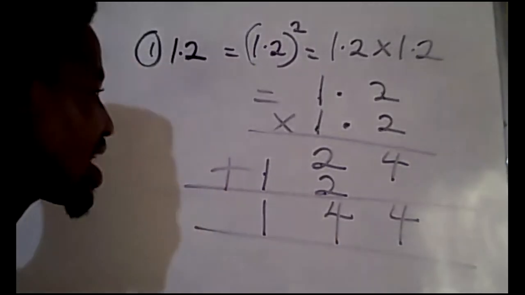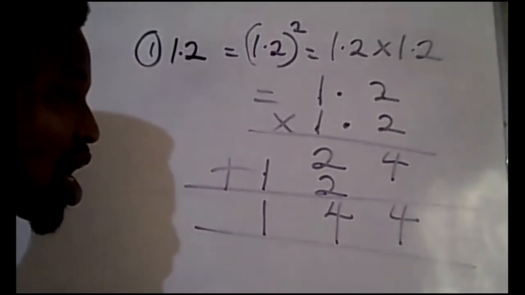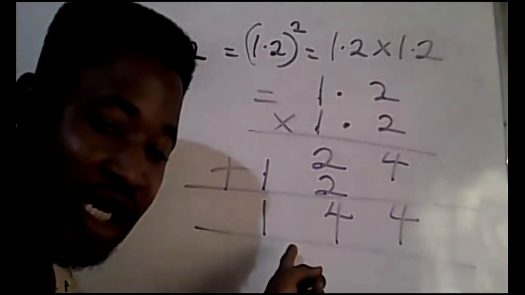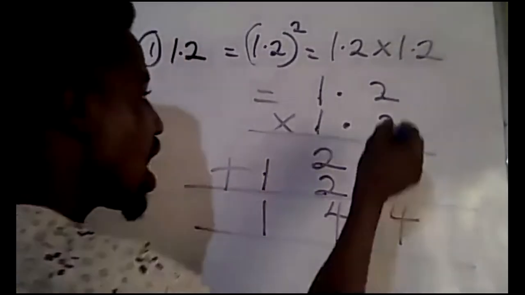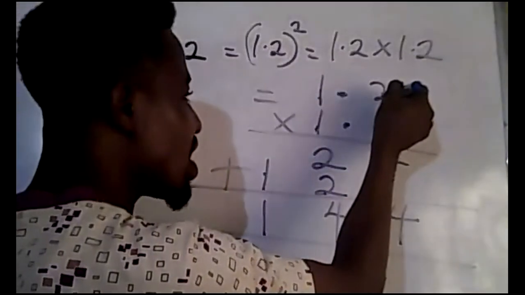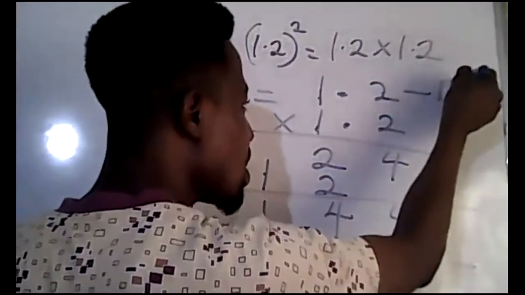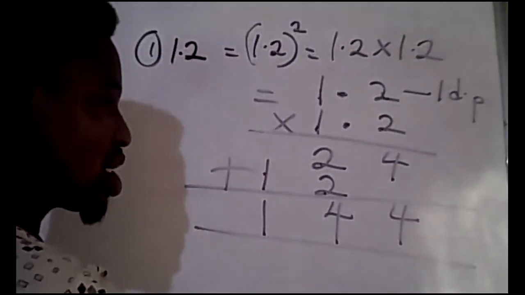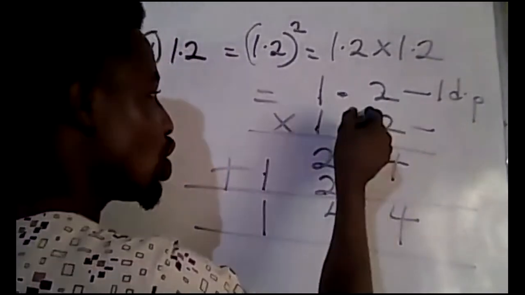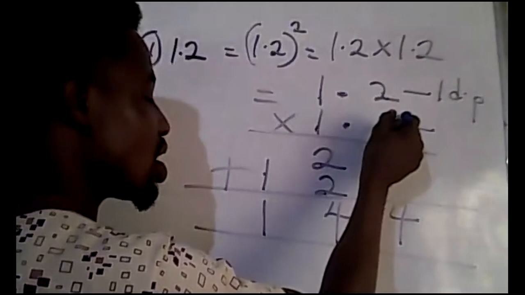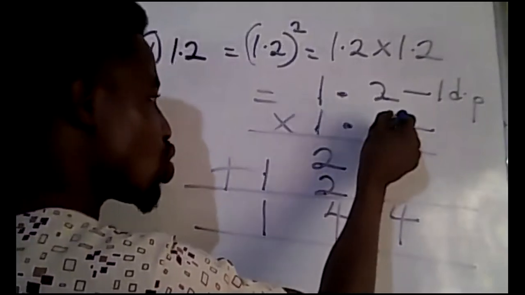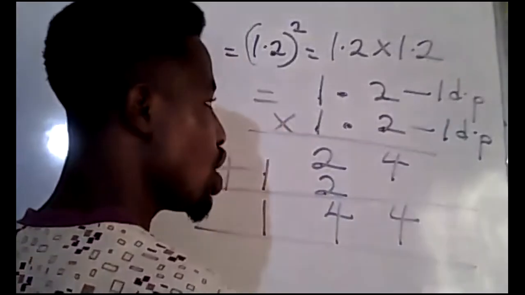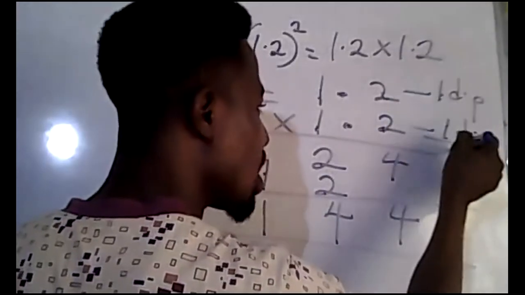No. That's a good question. That is not our answer. Our answer is not complete until we have put in a decimal point. Now here, you observe that there is 1 digit after the decimal point. That is 1 decimal place. Here, you also observe that there is one digit after the decimal point. That means it has just 1 decimal place. So you add that up, 1 plus 1 is 2.